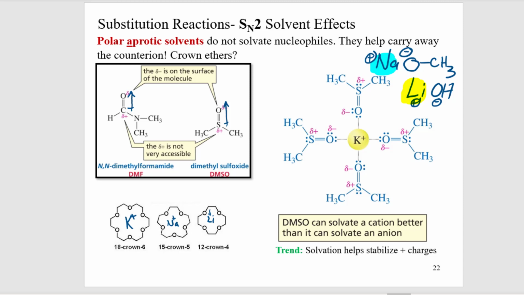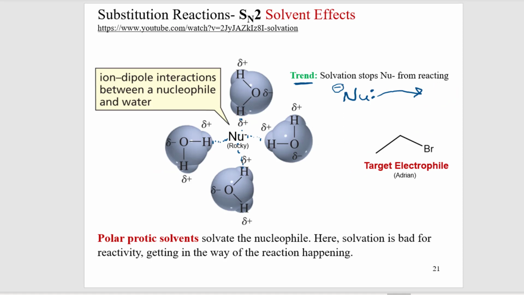They're basically just cages for counterions, and they keep them and then they encase them in this very organic sort of molecule to help transport. So stripping the counterion to release the nucleophile out to do what it wants to do is also helpful, and polar aprotic solvents can do that. Polar protic solvents do a little too much crowding. They get very attracted to the nucleophile and stop the nucleophile from finding its desired target.